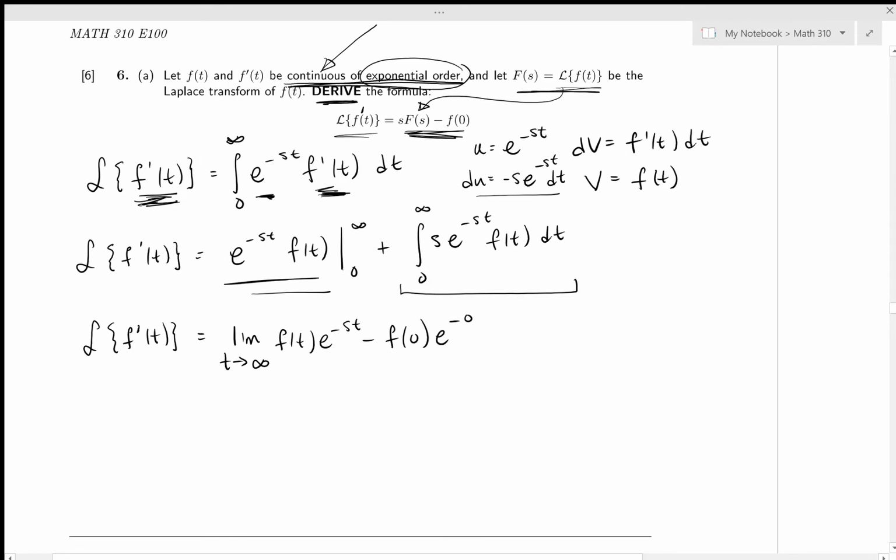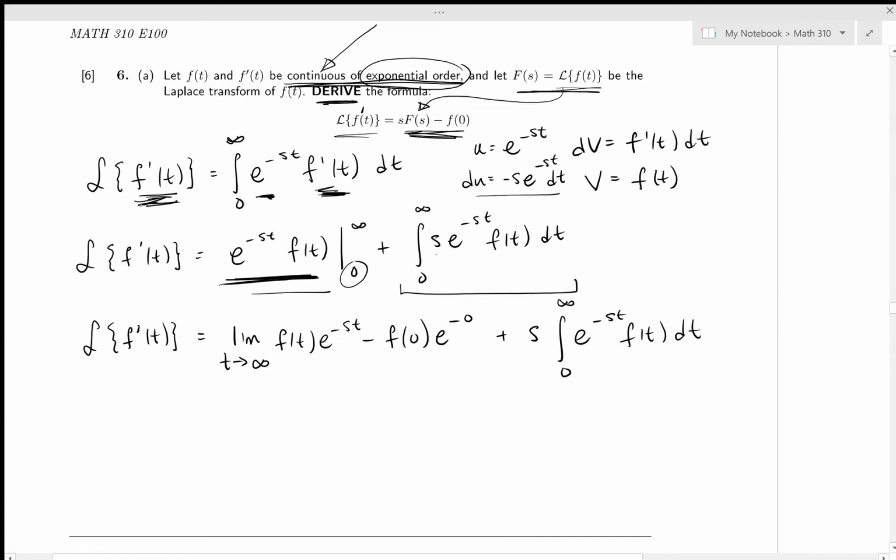That's this thing here evaluated at the lower limit of integration 0. And then I have plus s times the integral from 0 to infinity of e to the minus st f of t dt. Okay, I can move the s outside.